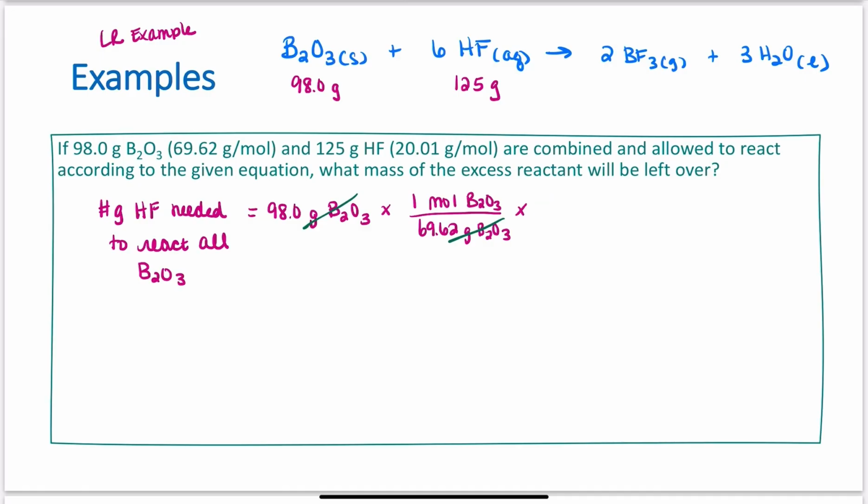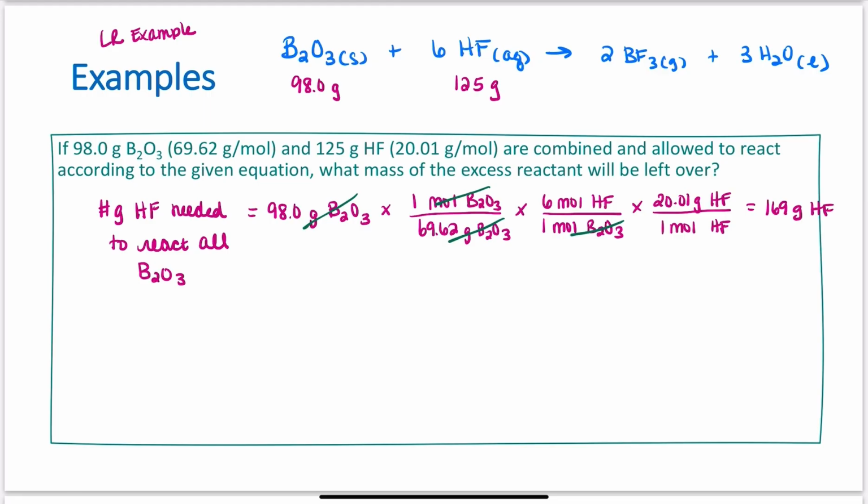I see from the balanced reaction that 6 moles of HF react with 1 mole of B2O3. I know that HF weighs 20.01 grams. I could add it up if I had to, but it did give it to me, which was nice and convenient. And I get an answer here of 169 grams of HF.